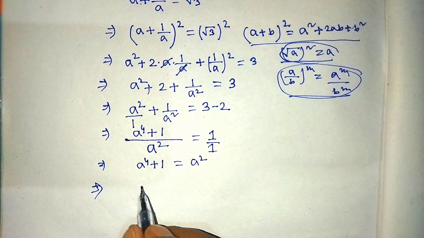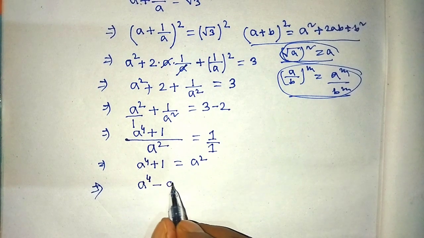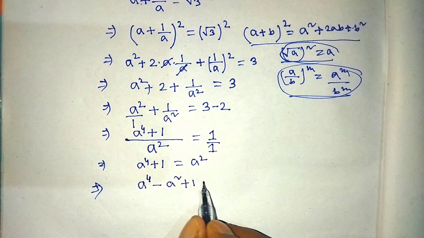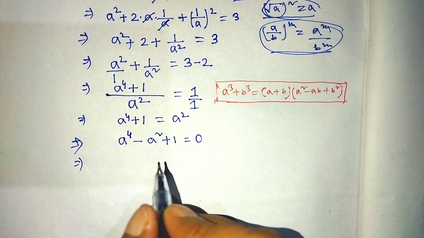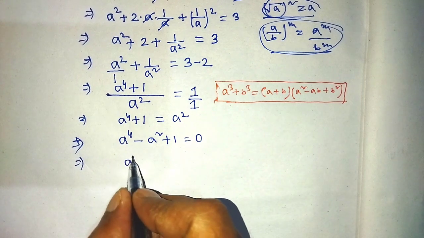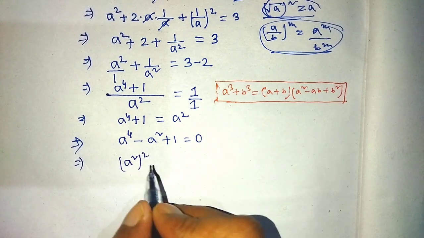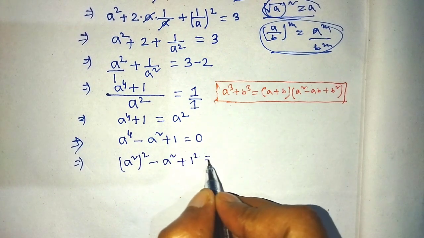On the left hand side we write a to the power 4 minus a square plus 1 is equal to 0. After that we can write the left hand side of this equation as a square whole to the power 2 minus a square plus 1 square is equal to 0.